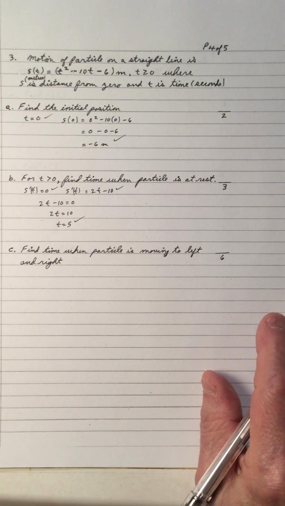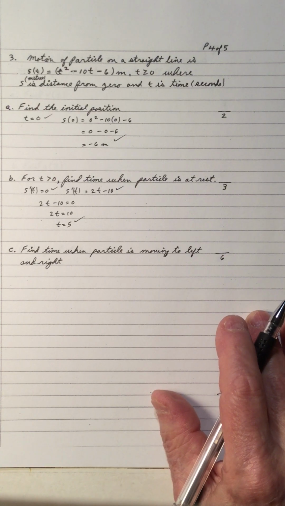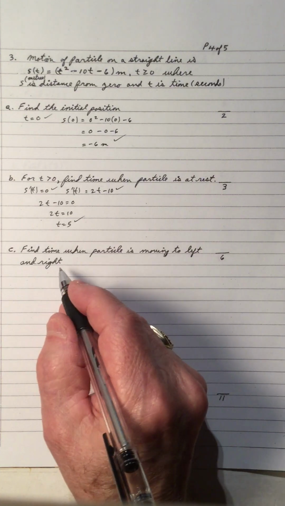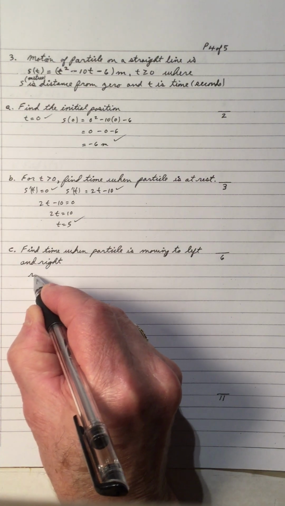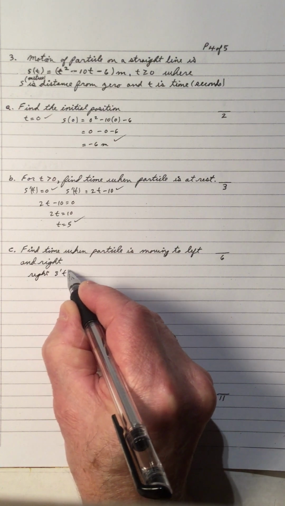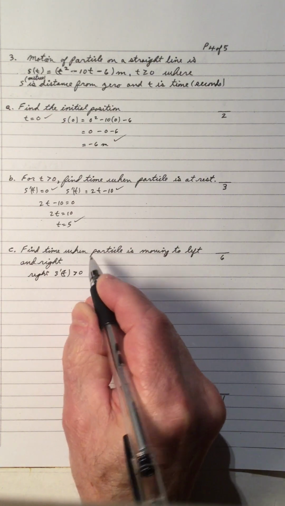C, find the time when the particle is moving to the left and to the right. So the particle is moving to the right when s prime t is greater than 0.